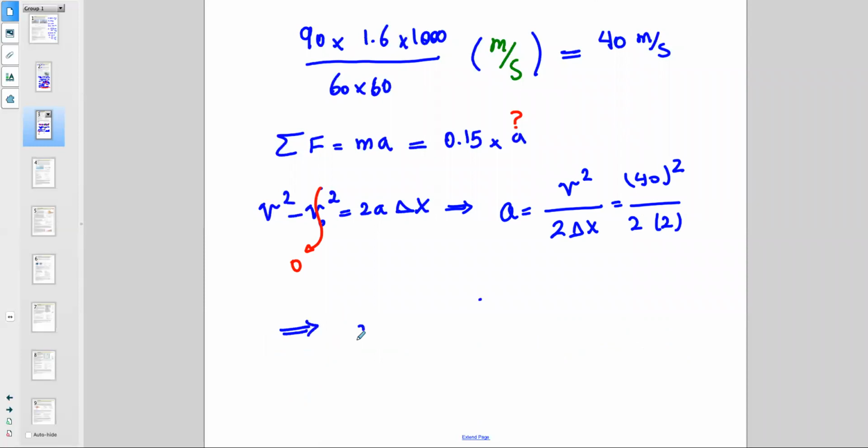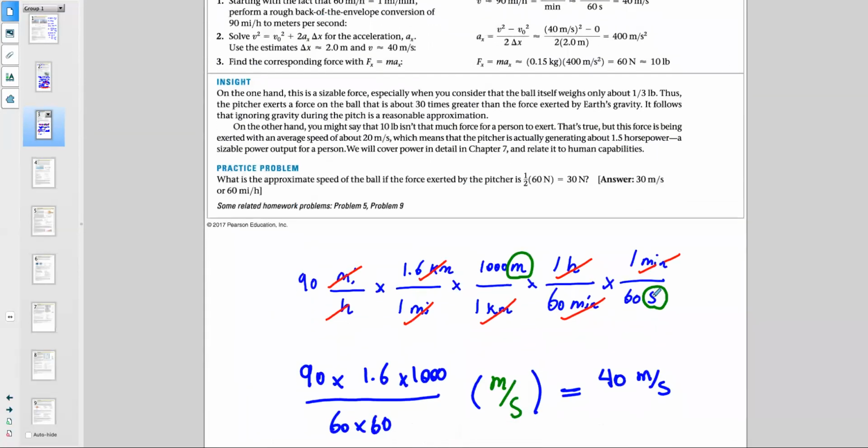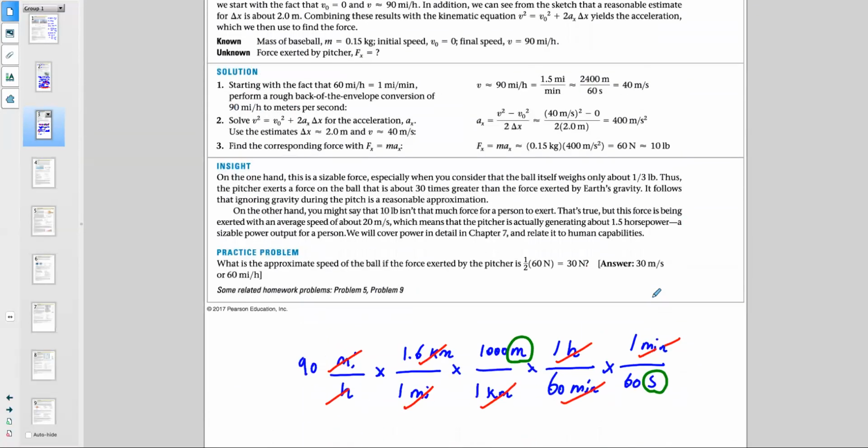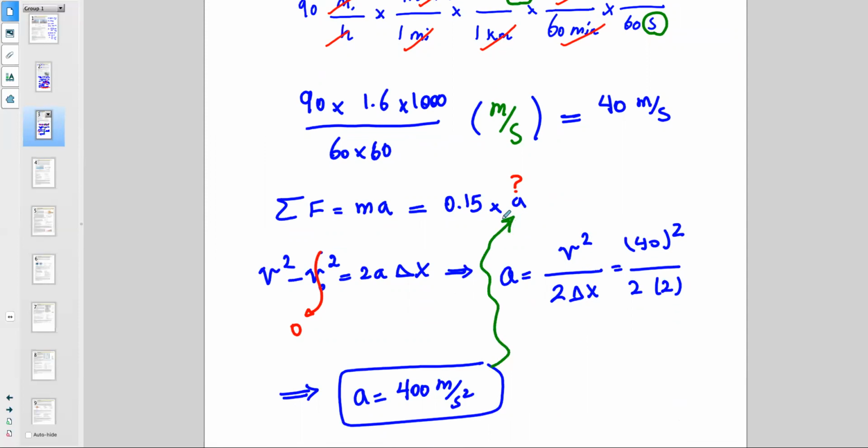So a then is 400 meters per second squared. That's our a. Now I'll get that a, and I will bring it over there. All right.